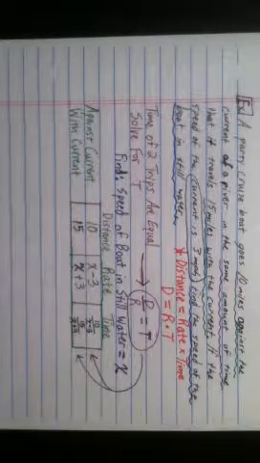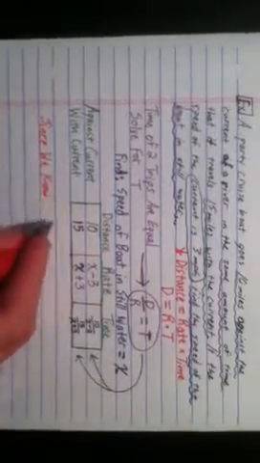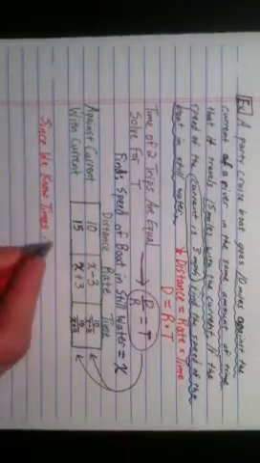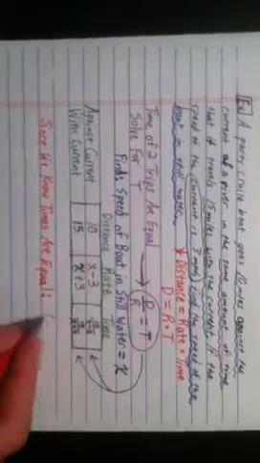So if these two expressions describe the time against the current and the time with the current, we can set them equal to each other, since we know the times are equal. 10 over x minus 3, the expression for the trip against the current, has to equal the expression for the time going with the current, 15 over x plus 3.